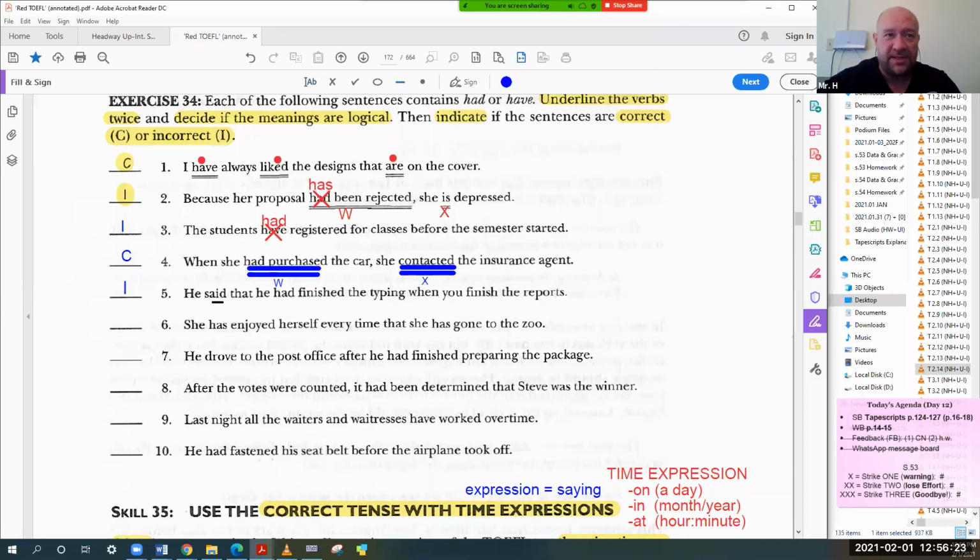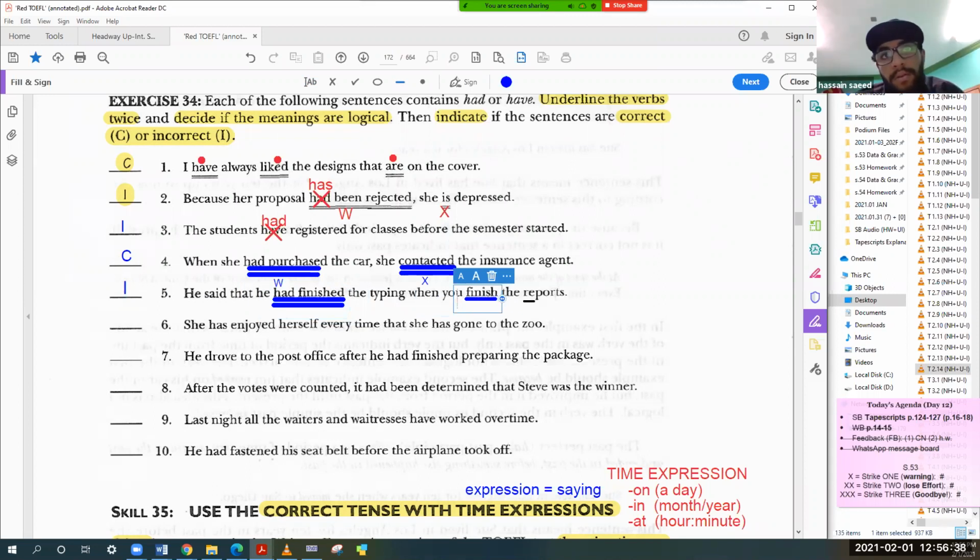Now let's put some lines here. So we got had finished, 2 lines. And then we also have what? Finish the reports. And then also we have said, right? Where's the problem?